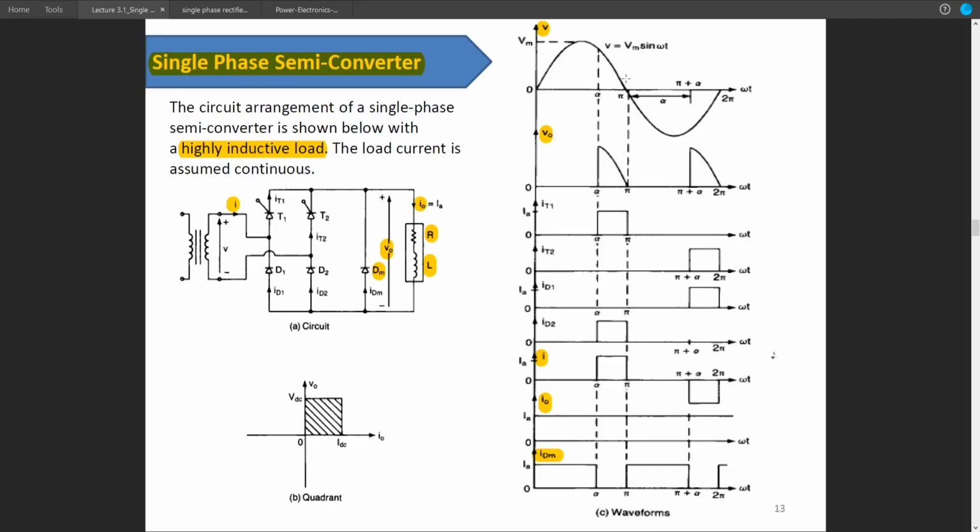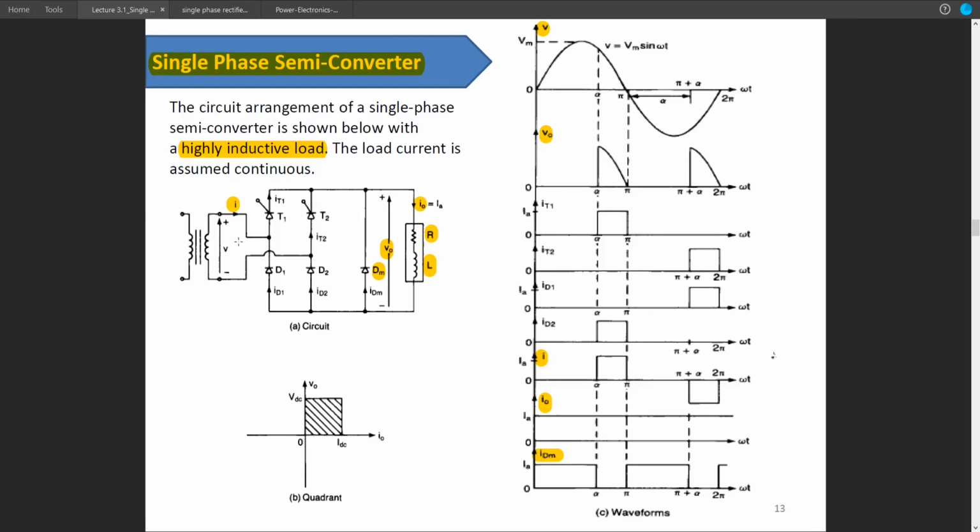If we provide a single phase AC voltage as input, and the triggering angle or firing angle is alpha, the subsequent firing angle will be pi plus alpha.